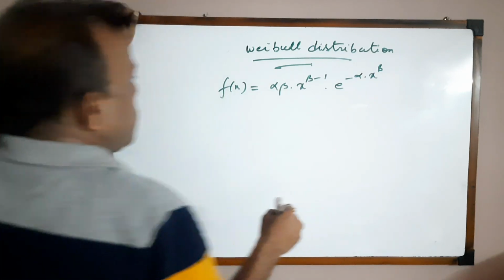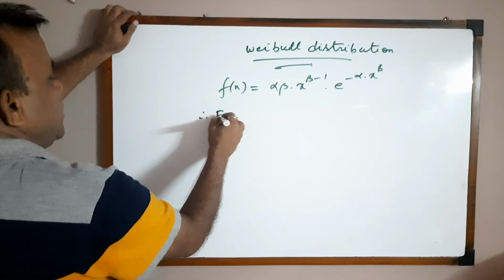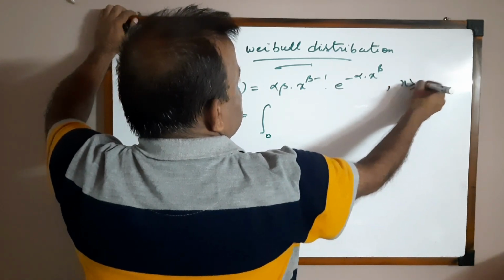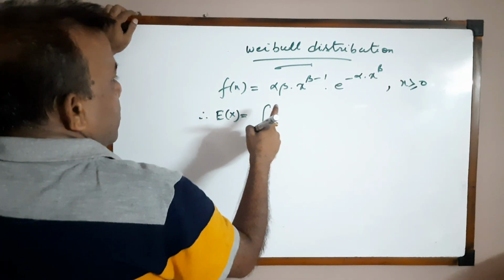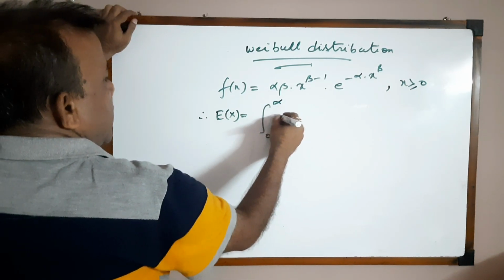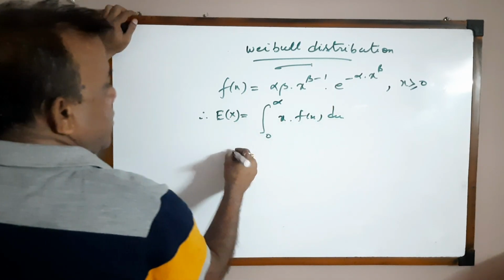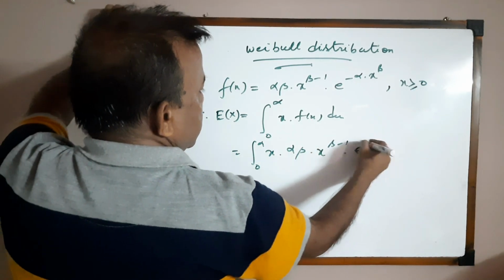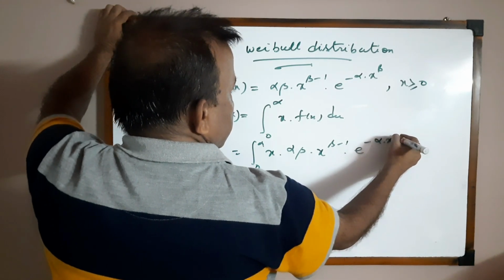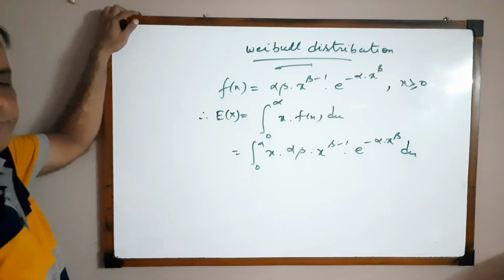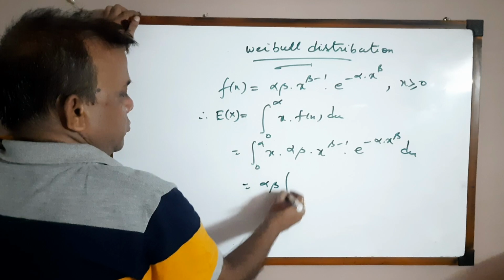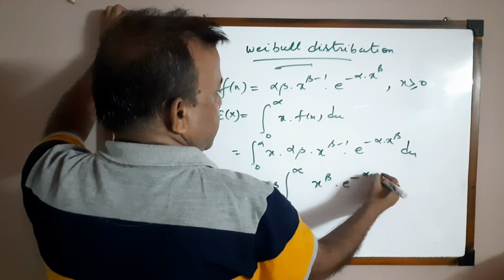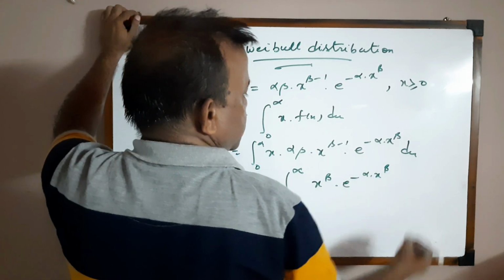Okay, and the mean E(x), or expectation, is equal to integration 0 to infinity x f(x) dx, where x is greater than or equal to 0. That is integration 0 to infinity x alpha beta x to the power beta minus 1 into e to the power minus alpha x to the power beta dx, which is alpha beta into integration 0 to infinity x to the power beta into e to the power minus alpha x to the power beta dx.